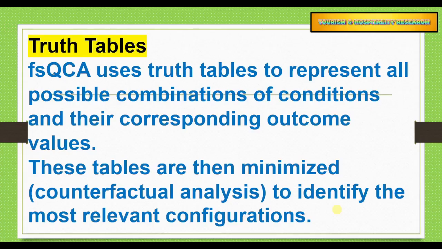Next is the truth table. fsQCA uses truth tables to represent all possible combinations of conditions and their corresponding outcome values. These tables are then minimized, or counterfactual analysis is done, to identify the most relevant configurations.